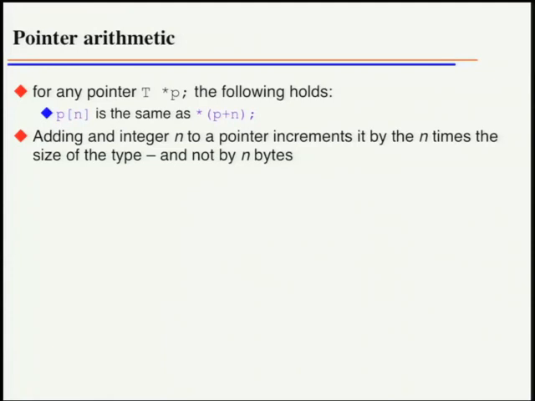So you don't need to care about the actual size of the variables. So this is not done with bytes, but with the number of variables. That's the reason why you declare a pointer to have a specific type, to have a pointer that points to an integer or that points to a double value.